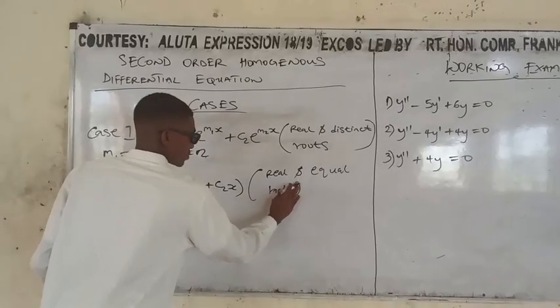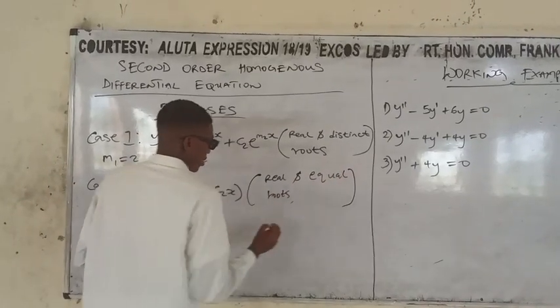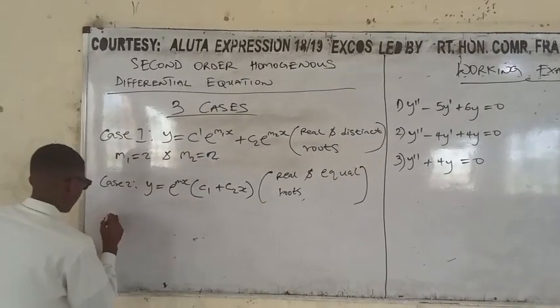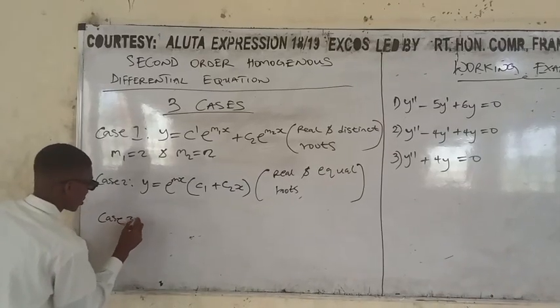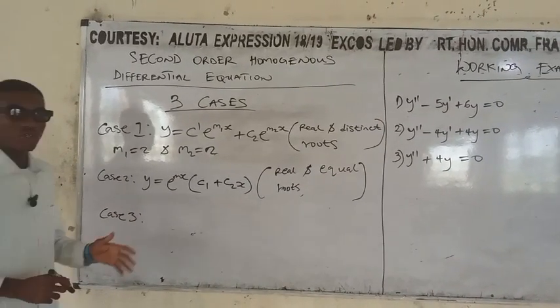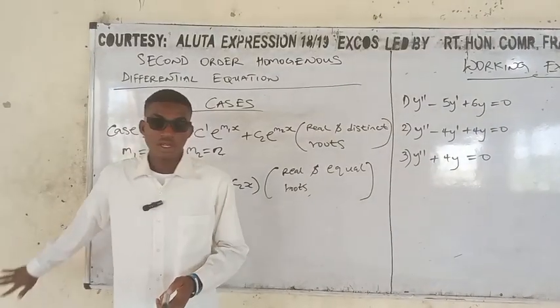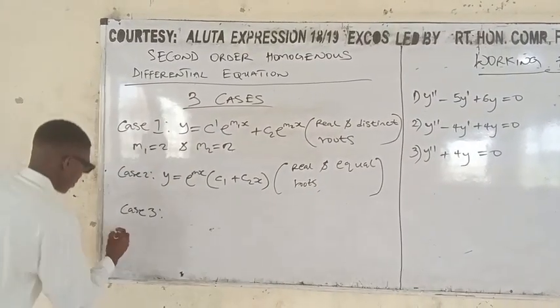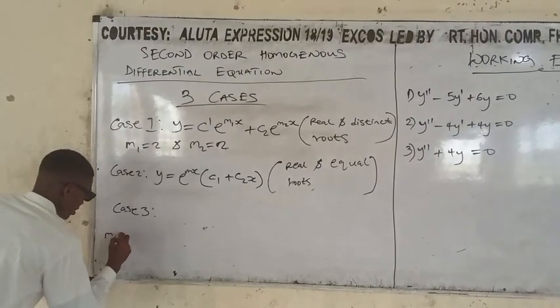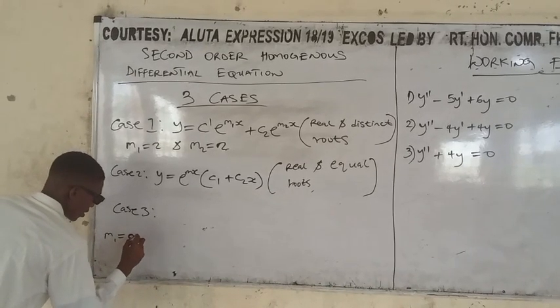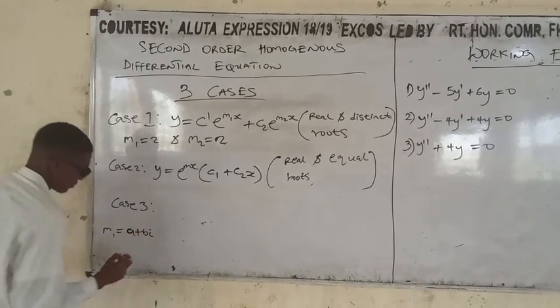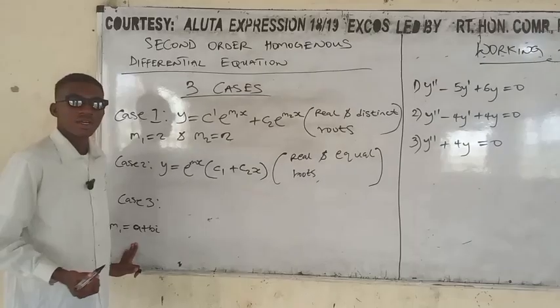And finally, for your case 3, after solving your auxiliary equation, your roots are complex numbers. Example, maybe you got your m1 as a + bi. This is a complex number.